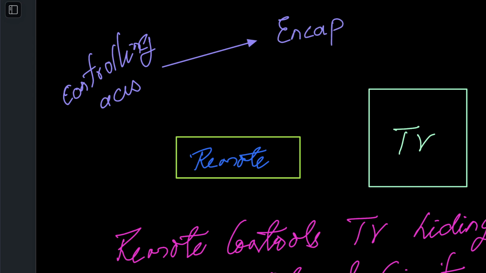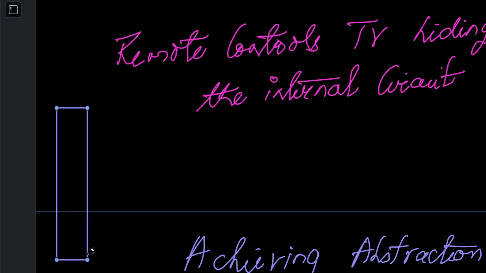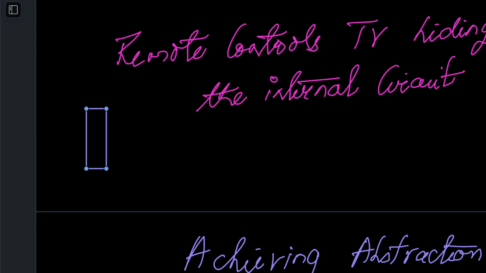Now when should we go for abstraction? For example, if you have a remote, the internal circuitry is not visible to you. You only see the buttons, and the only access that you have is the buttons on the remote.